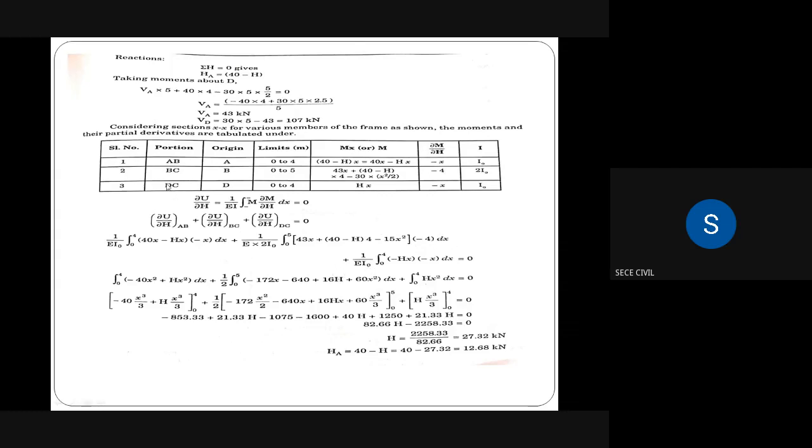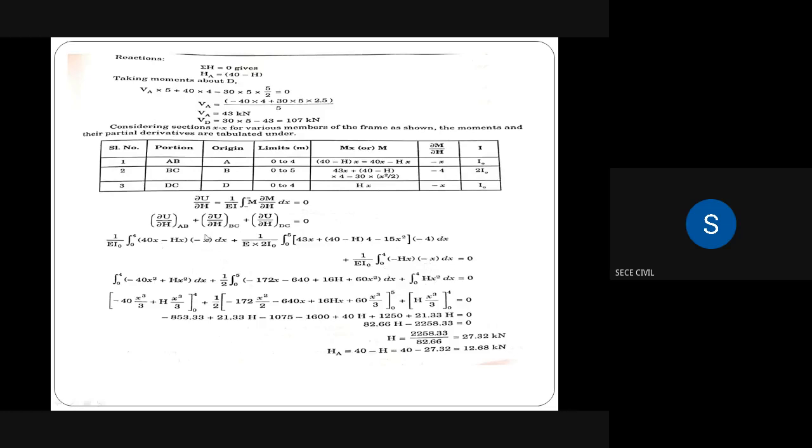Next, for span DC, 1 by EI0 integration 0 to 4. The limit for span DC is 0 to 4. Integration 0 to 4, M value minus hx into minus x dx is equal to 0.